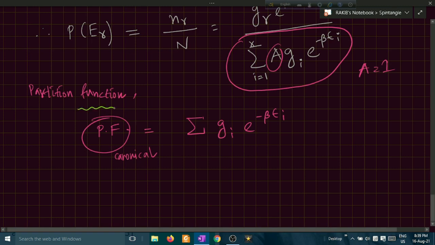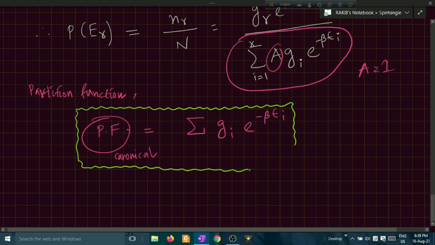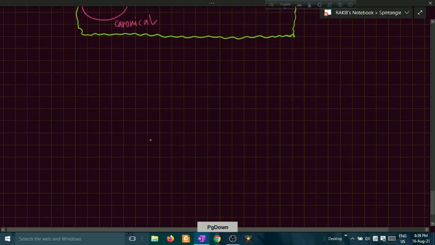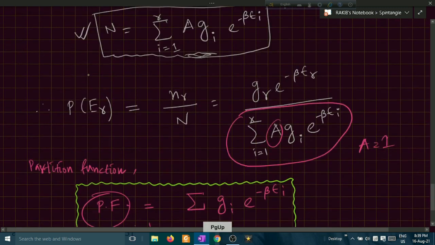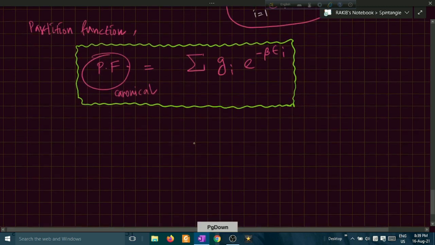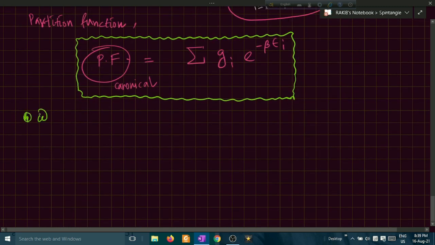So why is it called the partition function? I'm elaborating with an example why the denominator is called the partition function.